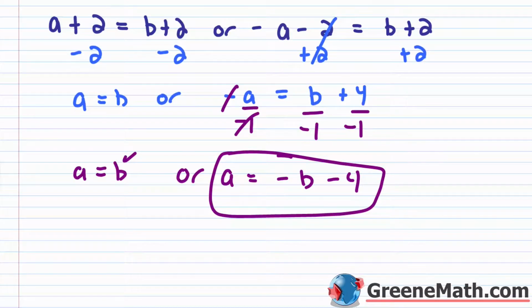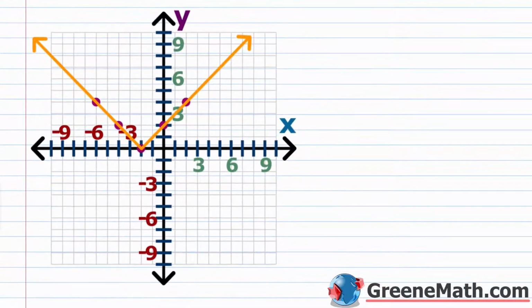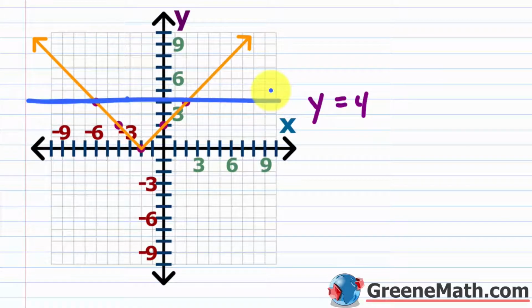So let's look at this graphically, and we can clearly see this function is not 1 to 1. If I drew a horizontal line through, if I go up to y equals 4, so let's say I had a horizontal line, y equals 4. Let's just draw that in real quick. And not perfectly straight, but you get the idea. And when I look at this guy, again, it's going to impact the graph here and also here.